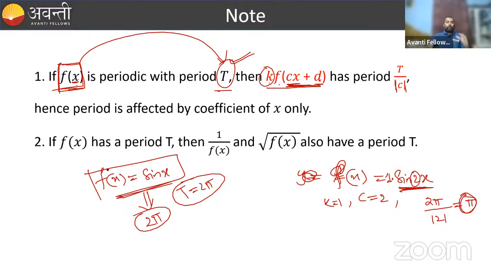Then come to another rule. If f of x has a period T, then 1 by f of x and under root of f of x also have period T. It's another rule.